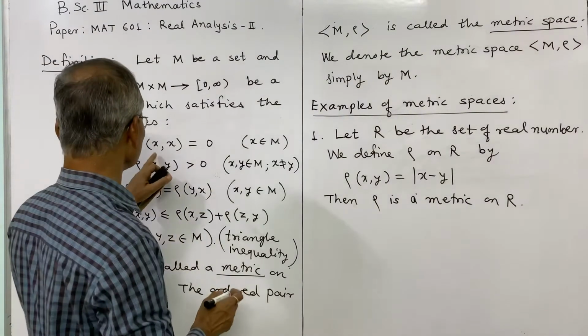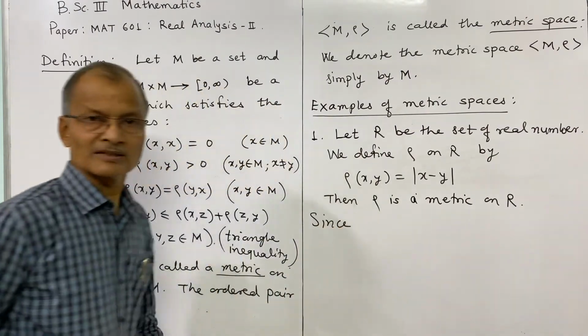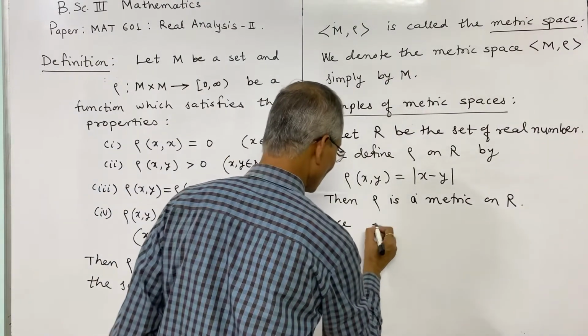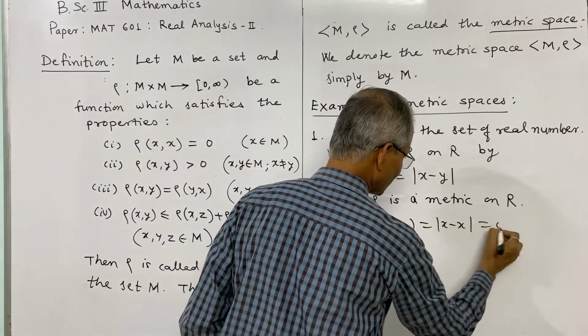So the properties are easily verified. We can write it quickly. First, rho of x and x is the absolute value of x minus x, that is 0.